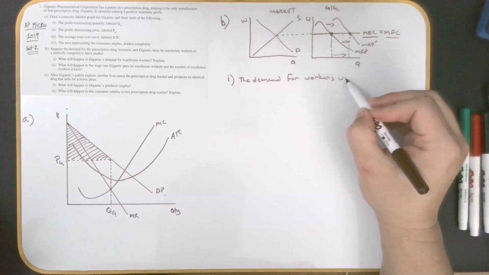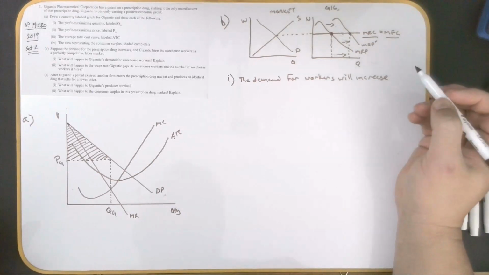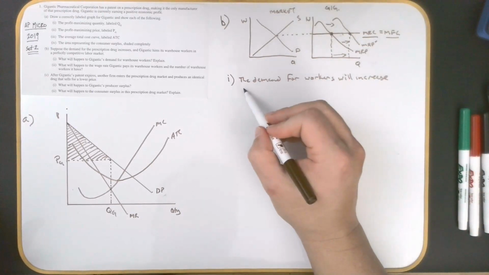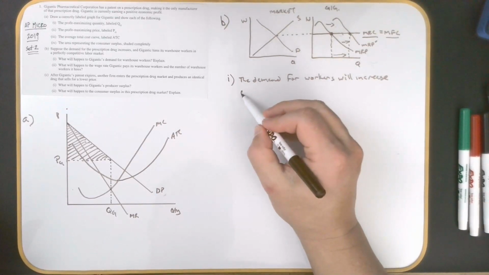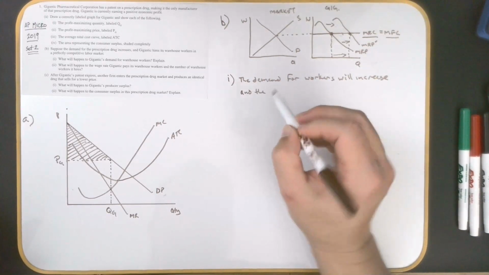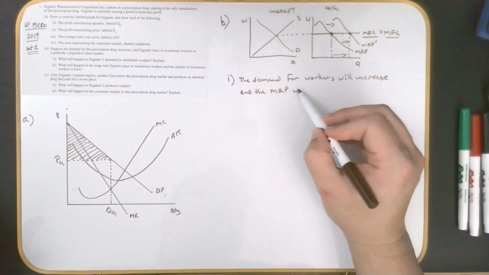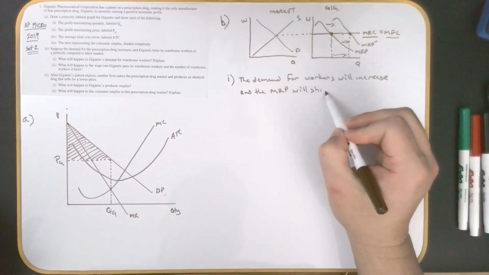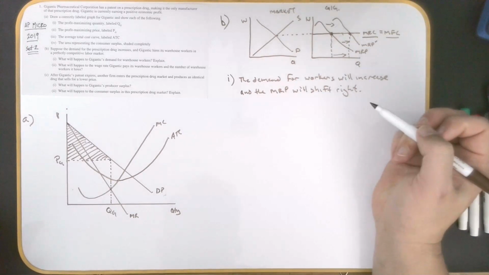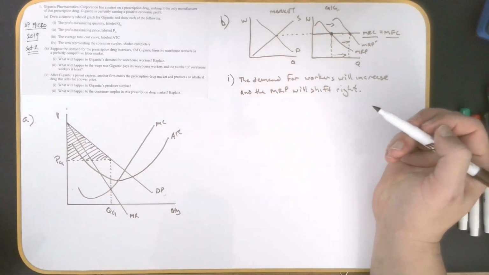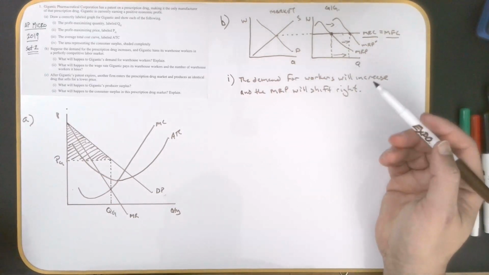And the MRP, which is fine to write it that way, MRP will shift right. Okay, which is what happened here. That's our explanation.